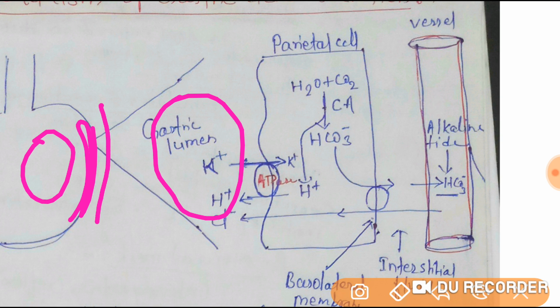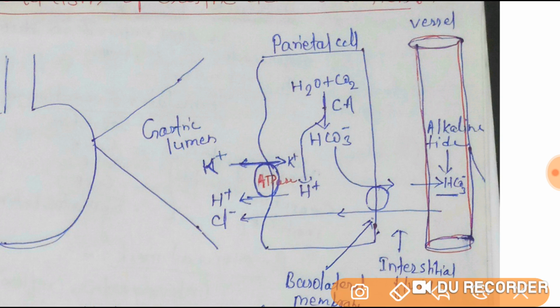And here something important: the parietal cell contains water and CO2, which combine in the presence of carbonic anhydrase to form H plus ion and bicarbonate ion.